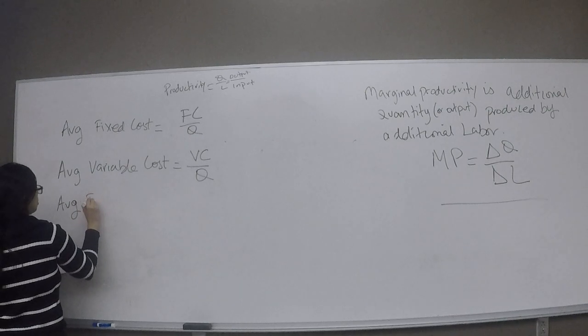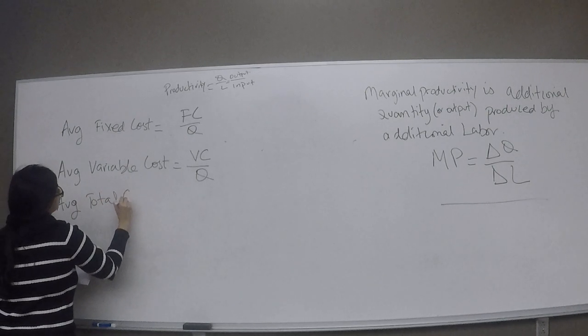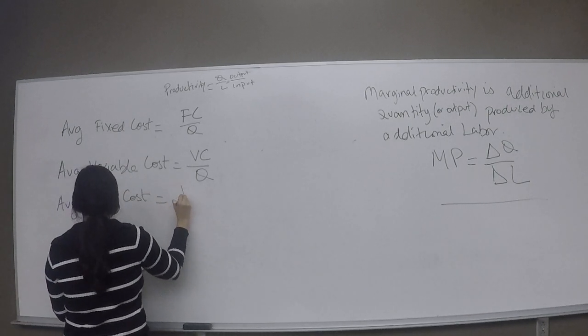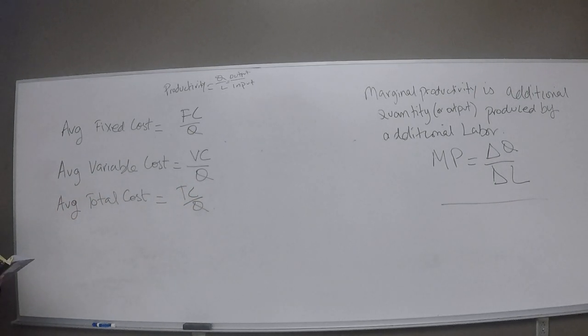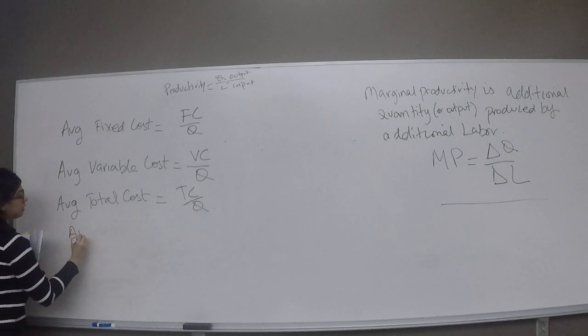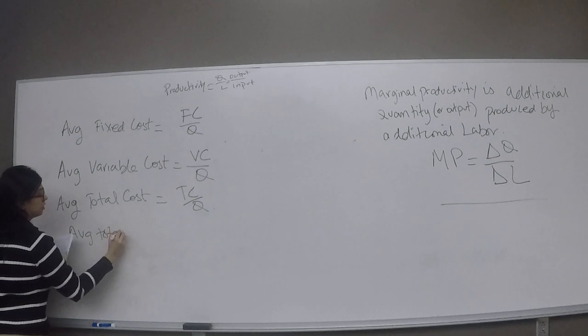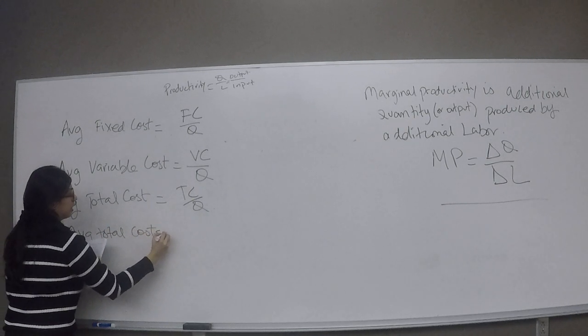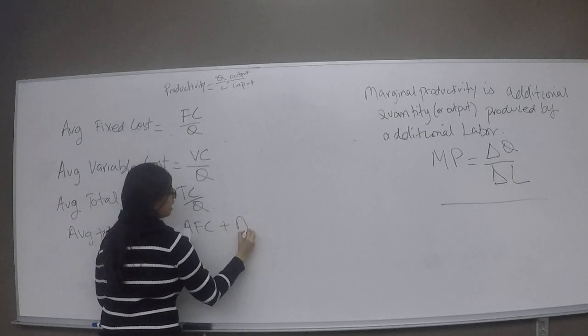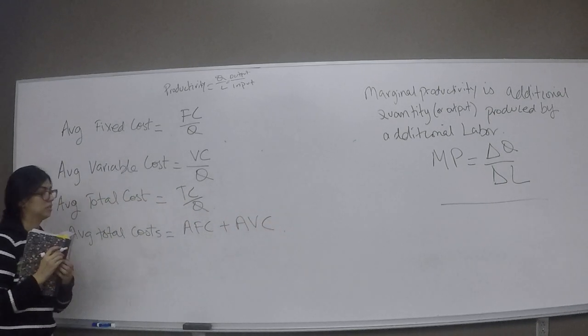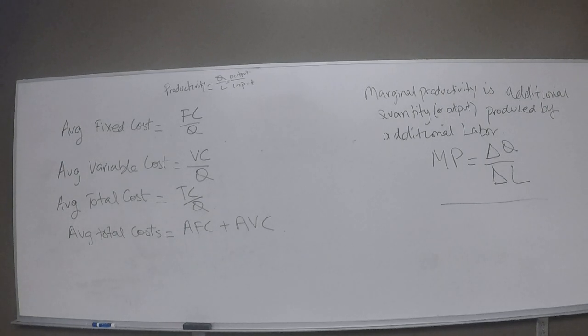Average total cost is equal to total cost divided by quantity. Average total cost is also equal to average fixed cost plus average variable cost. There are two formulas for average total cost.